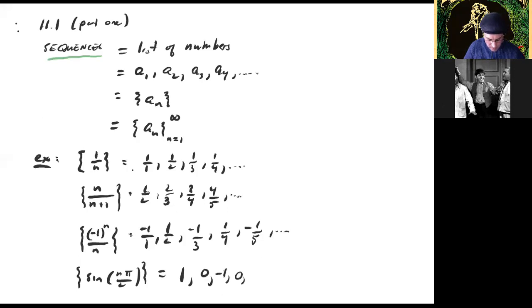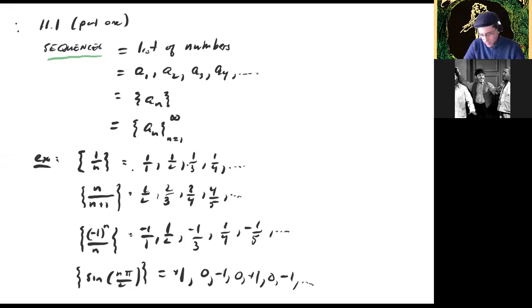Then we get 0, and then we get plus 1. So it's alternating. It's either plus 1, 0, or minus 1. Okay, so that's a sequence. Dot, dot, dot.